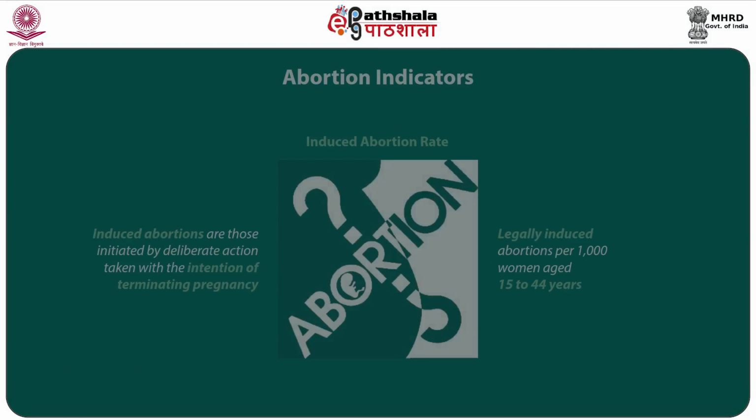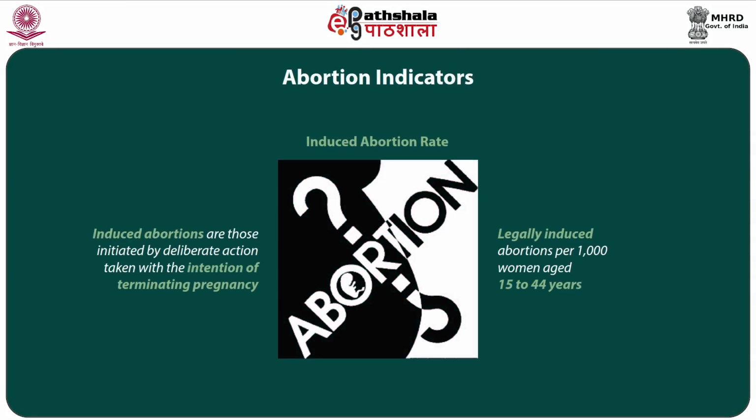Then let us move to abortion related indicators. Here we are talking about induced abortion rate. When we say induced abortion rate, we are talking about the number of legally induced abortions per 1000 women aged 15 to 44 years.